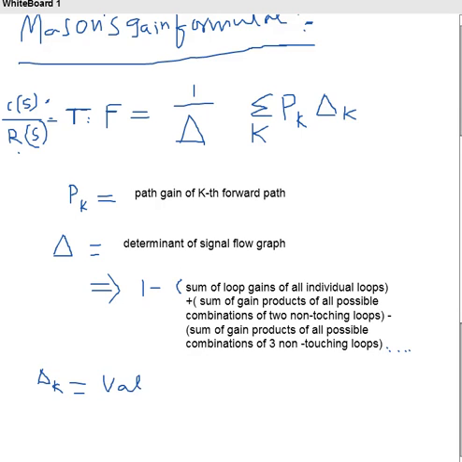Both are the same, but delta k is also the definition of delta, the value of delta, but for the part of the graph not touching the kth forward path.